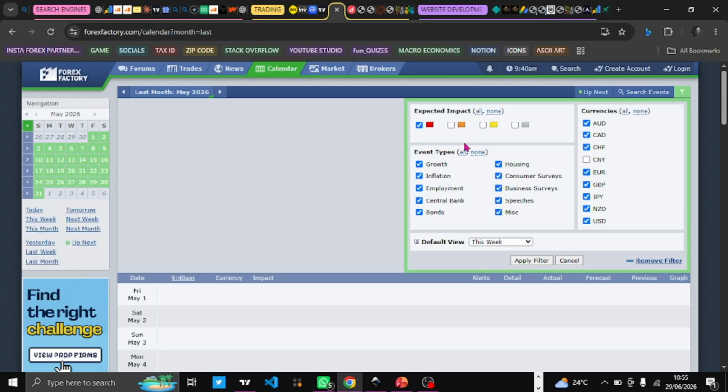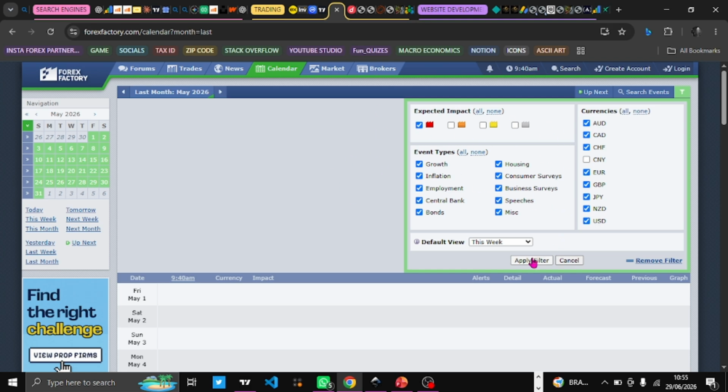Now these are the event types, the four news factors that I explained. All those four factors that move the market are here. Every one of these falls within those four. You can see there: growth, inflation, employment, central bank, bonds, housing, consumer surveys, business surveys, speeches, and miscellaneous. Every one of them is good, so we're going to leave them ticked.